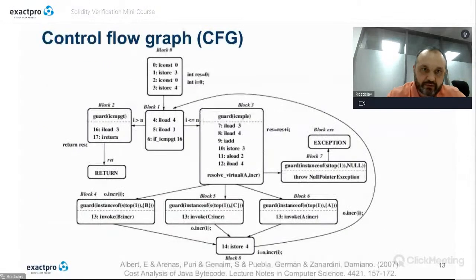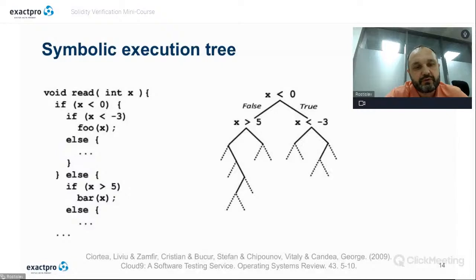Second, to understand what's a control flow graph, and that we can build it from the bytecode. The third important notion here is symbolic execution. Again, not sure if my comment was enough for you to understand. Just find a lot of literature and video lectures on this topic, because this is very, very important and very widely used in formal verification.